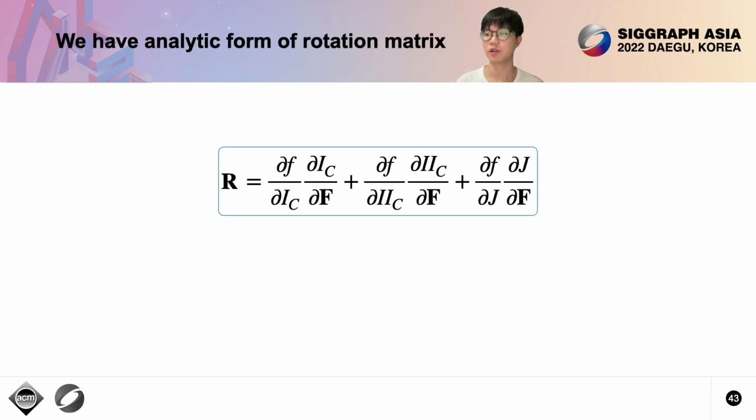As a result, we have a closed analytic form of the rotation matrix in terms of the deformation gradient, which was previously obtained through SVD or polar decomposition. But we don't need them anymore. And beyond physical simulation, analytic rotation is also useful for many other applications.